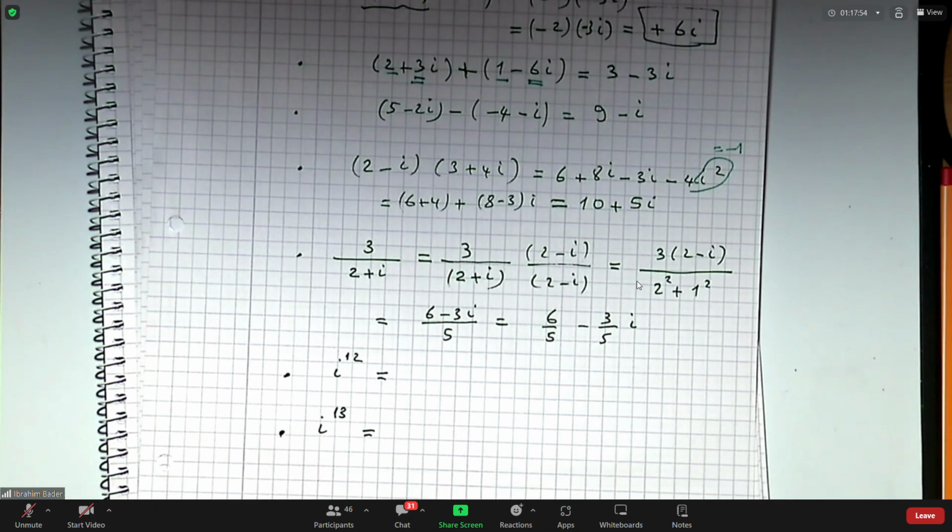What is i to the power 12? What do you get? And 13, what do you get?